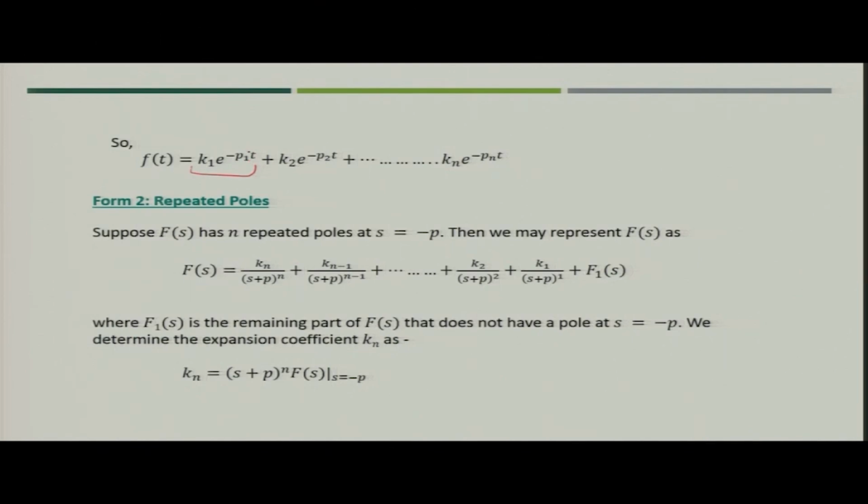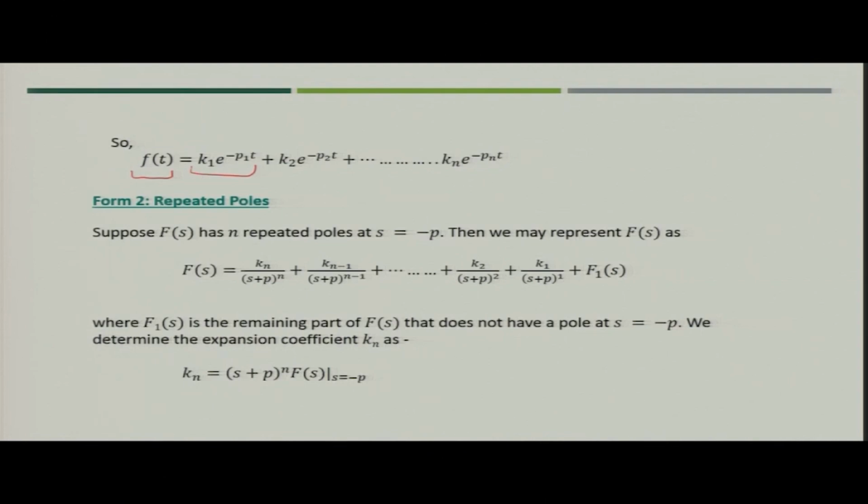This is the frequency shift property. If you recollect the frequency shift property, you can find the inverse Laplace transform of the first term, which becomes k1 times e to the power minus p1 t, and similarly for the other terms. Finally, when you combine all of them, you get the inverse Laplace transform of the function F(s).